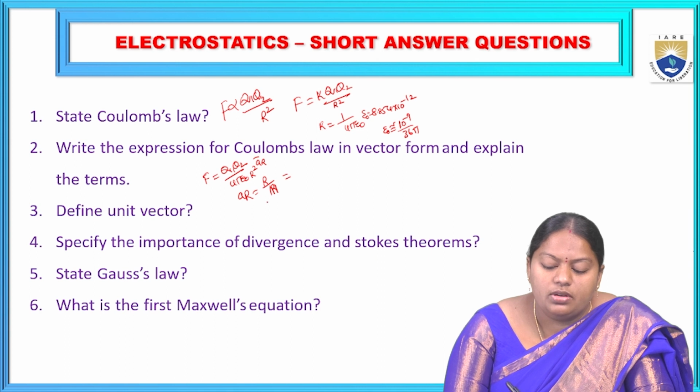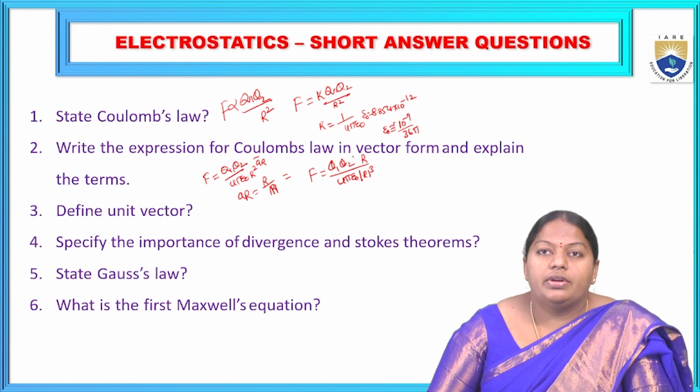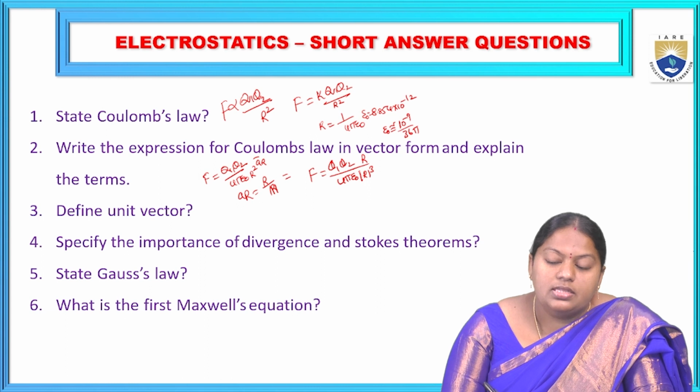Then if you substitute AR by this formula, F is equal to Q1 Q2 by 4 pi epsilon naught into modulus of R whole cube into R, where this R is the vector form. R is the distance between the two point charges.